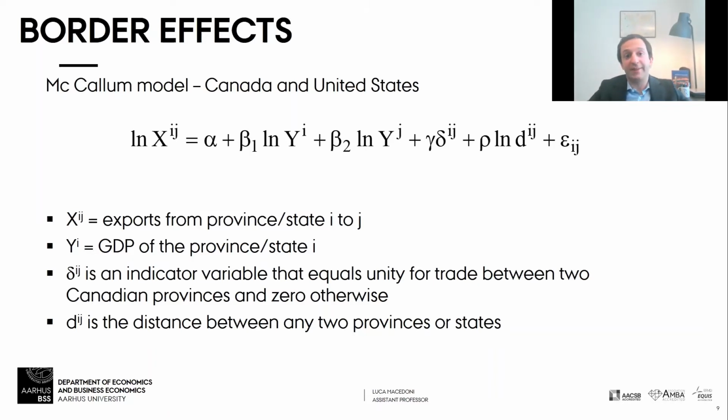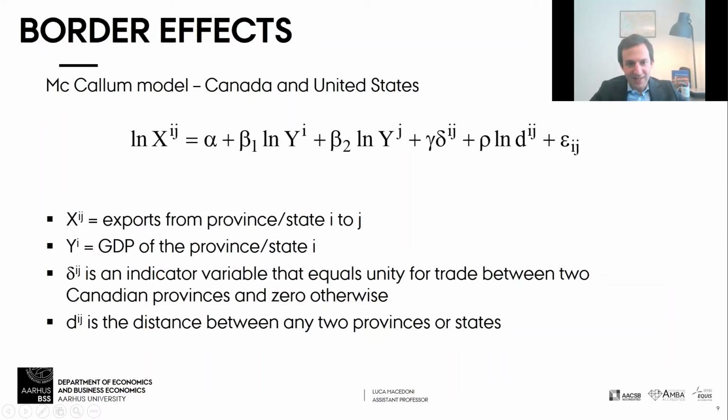So if we think that there are border effects, if we think that when you export from Canada to another place in Canada, you're going to encounter fewer costs relative to the case in which you export from Canada to the US, controlling for GDP and distance, well, if that is the case, we expect this gamma to be positive. Okay?